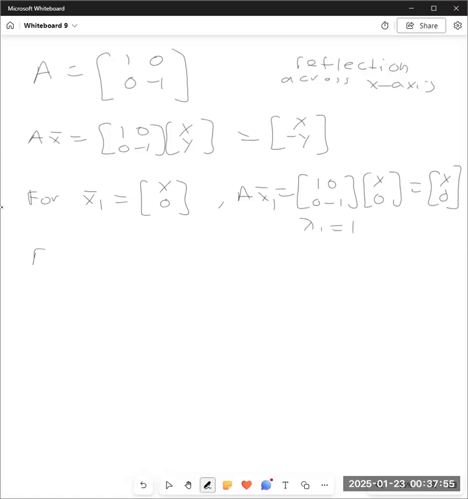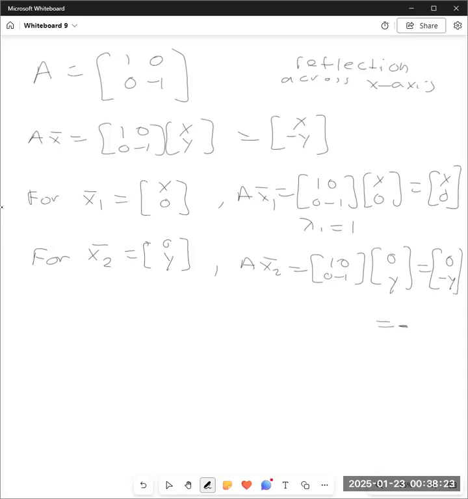And then let's look at anything on the y-axis, like so. And we're going to pull out a negative 1 from that.